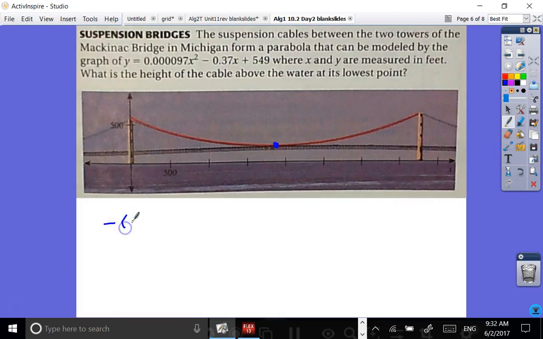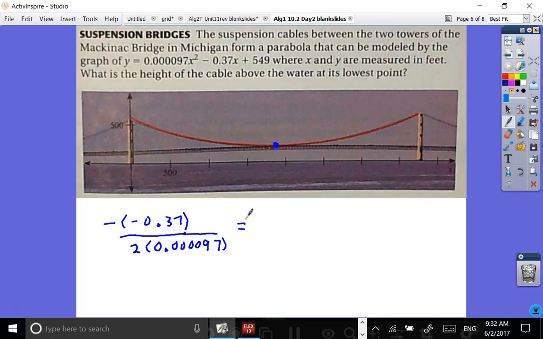Negative 0.37 divided by 2 times 0.000097. How many zeros is that? 4. 1, 2, 3, 4, 9, 7. Definitely calculator time. 0.37 divided by 2 divided by 0.000097.